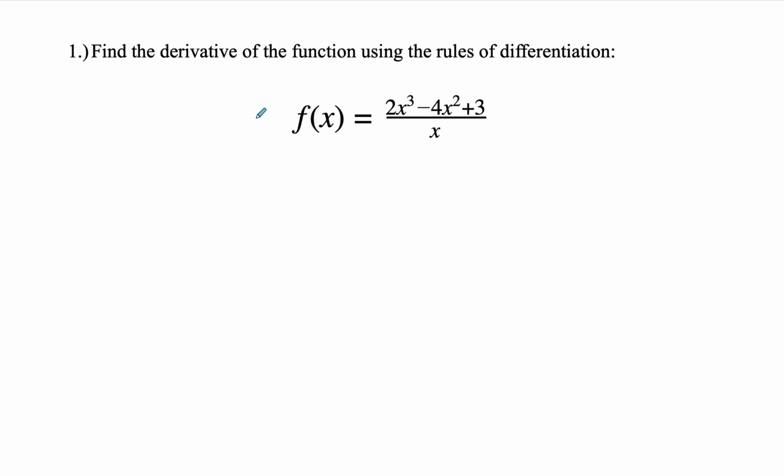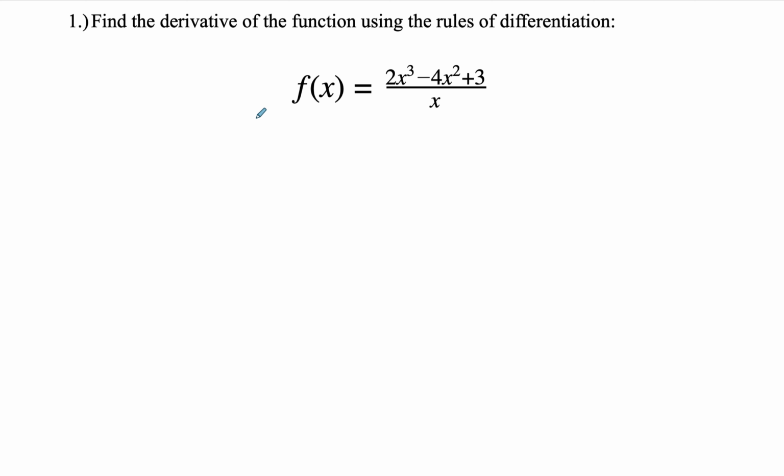I think the first problem is one that probably would require more discussion than the second problem. This problem was attempted in a number of ways. Some people, a small minority, attempted to use the quotient rule.